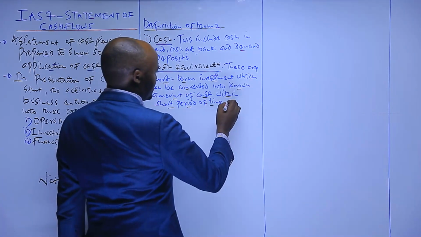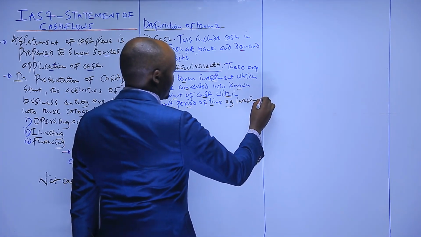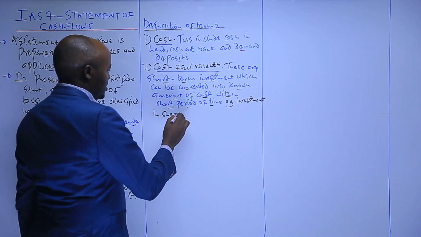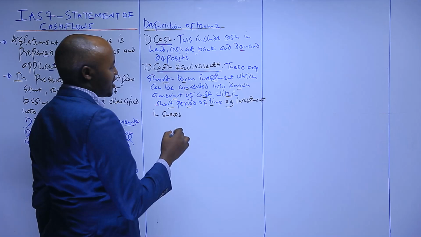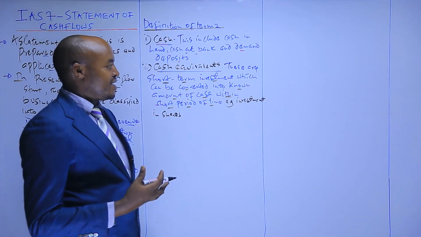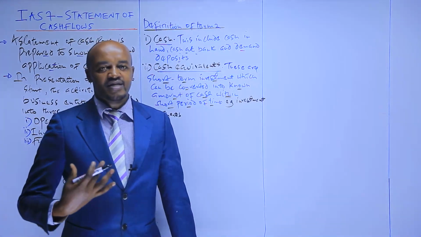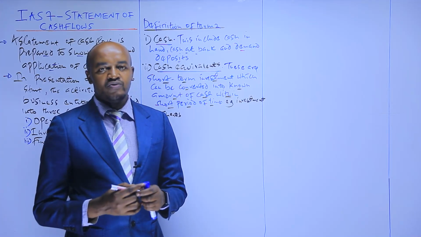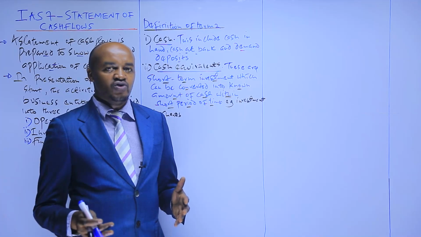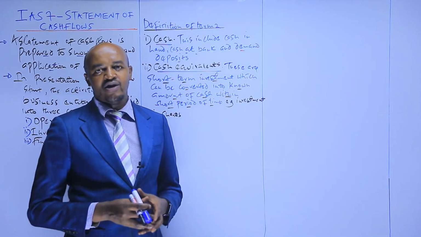A good example of this is investment in shares which are trading in the securities exchange market. Once a company or even an individual has invested in shares trading in the securities exchange market, and you need some cash urgently, you just instruct your stockbroker to go ahead and sell those shares.